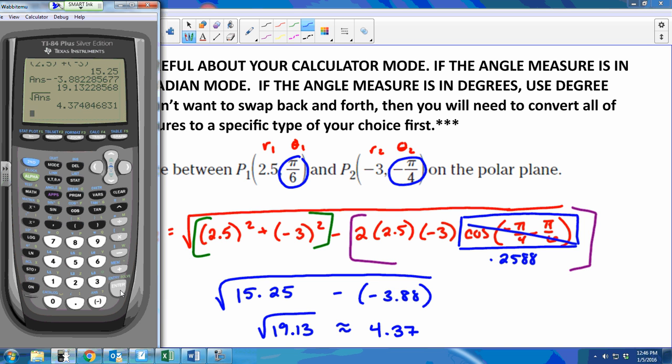Very impressive. Questions on what just happened? This is all Learn Target 3 is, using this formula.